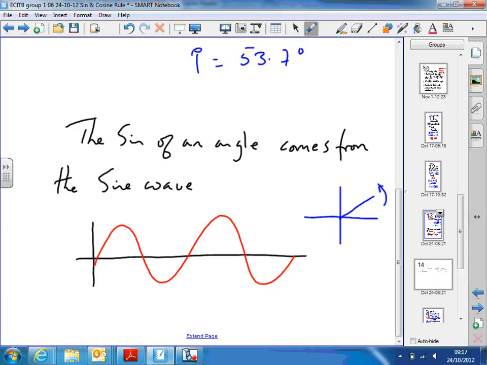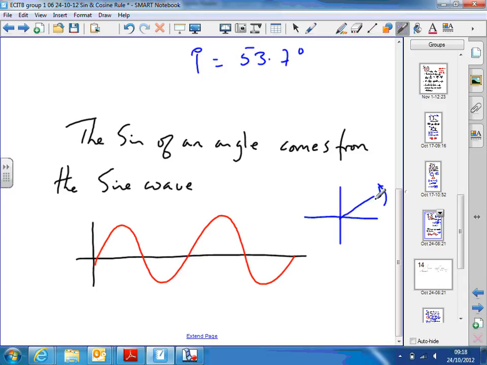So this rotating vector is rotating round in this way. At a particular instant in time, it could be here or here or here. It's rotating round. And what the sine tells me is the distance along the y-axis. It gives me the opposite side.